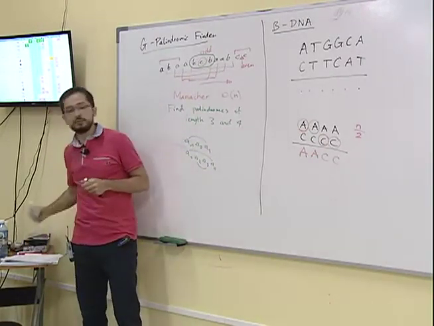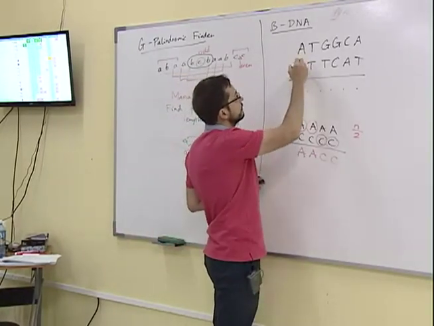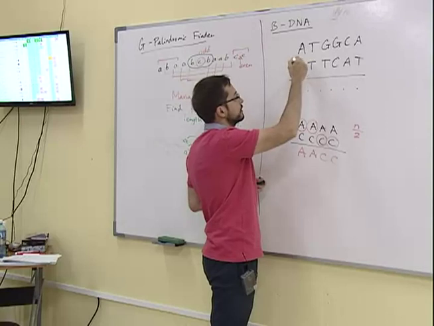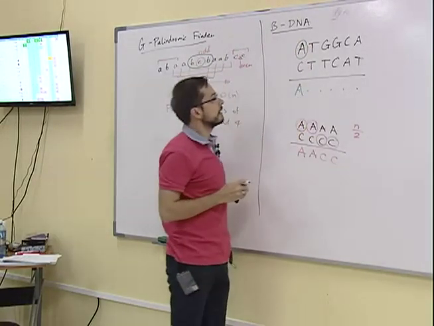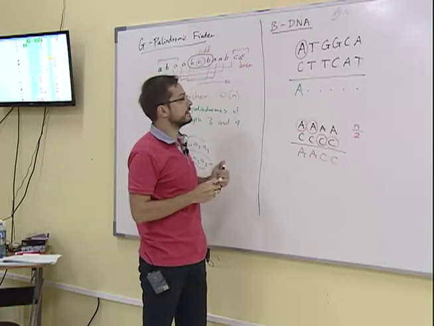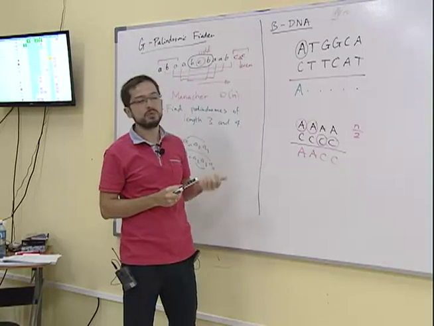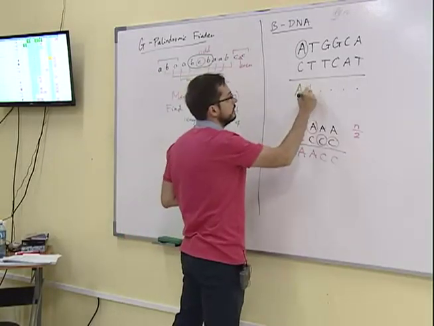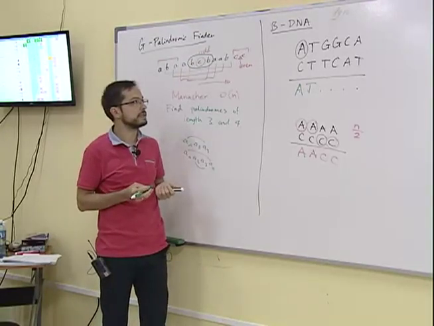If we try to use this greedy approach here, first A is also smaller than C, so we will use A here. But now we have this situation where both letters are the same. So we know that we must put T as the second letter of the solution, because we have no choice.